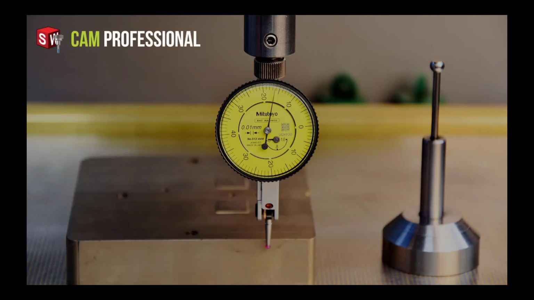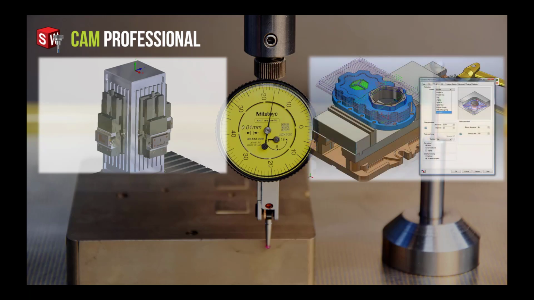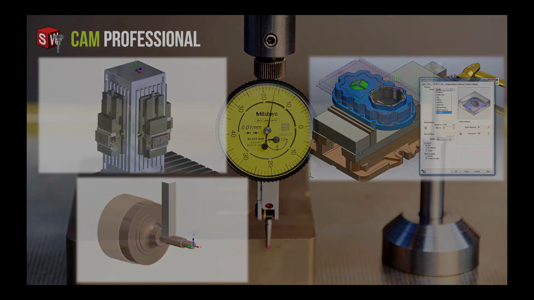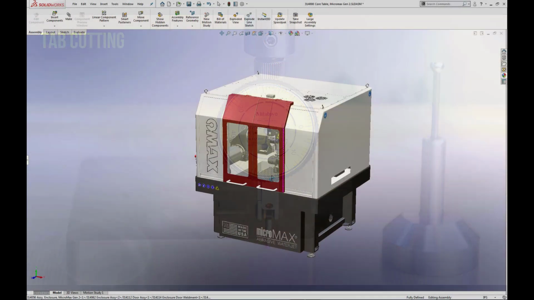CAM Professional opens the door to assembly programming, 3+2, and tombstone machining, configurations, 2.5-axis volume mill, high-speed machining, and turning for CNC lathe applications. Next up, let's go right into tab cutting.